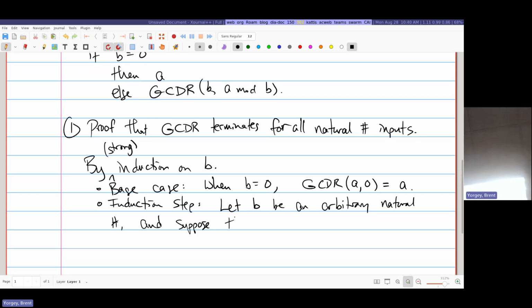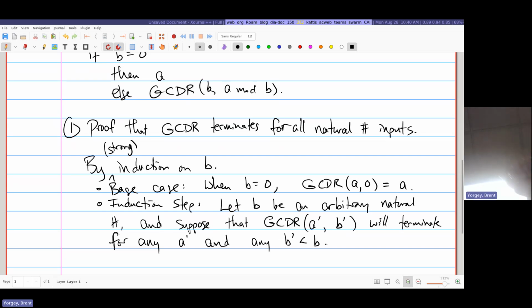So we'll say suppose that GCDR of A prime, B prime will terminate for any A prime, we don't care what A prime is, and any B prime smaller than B. The second argument is B, and we're assuming that anything smaller than that will terminate.